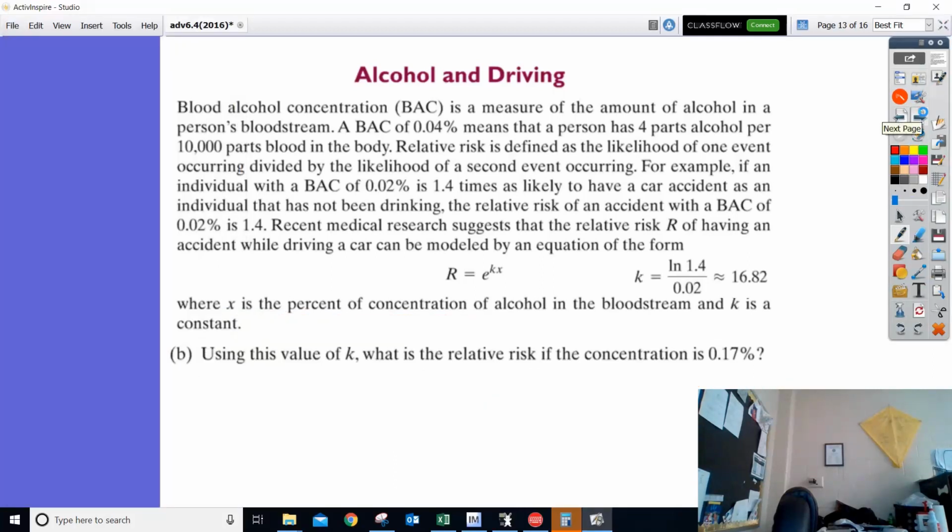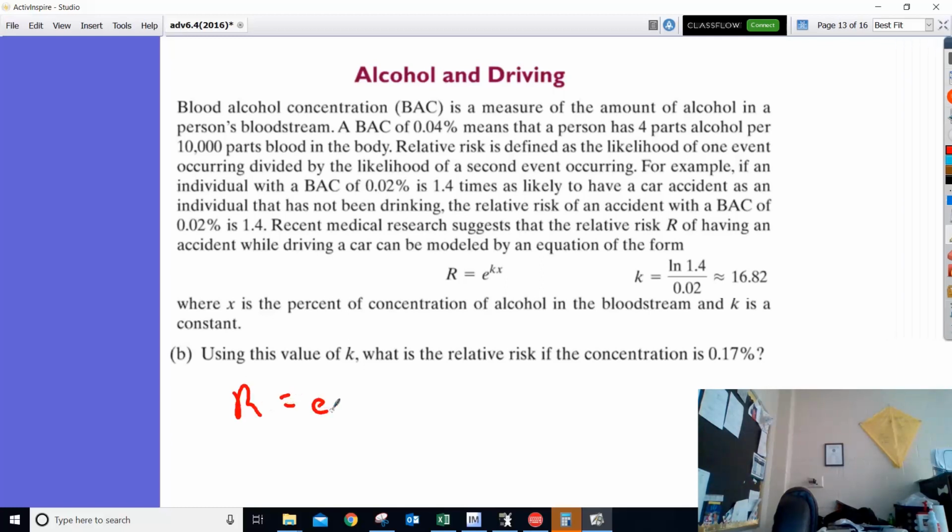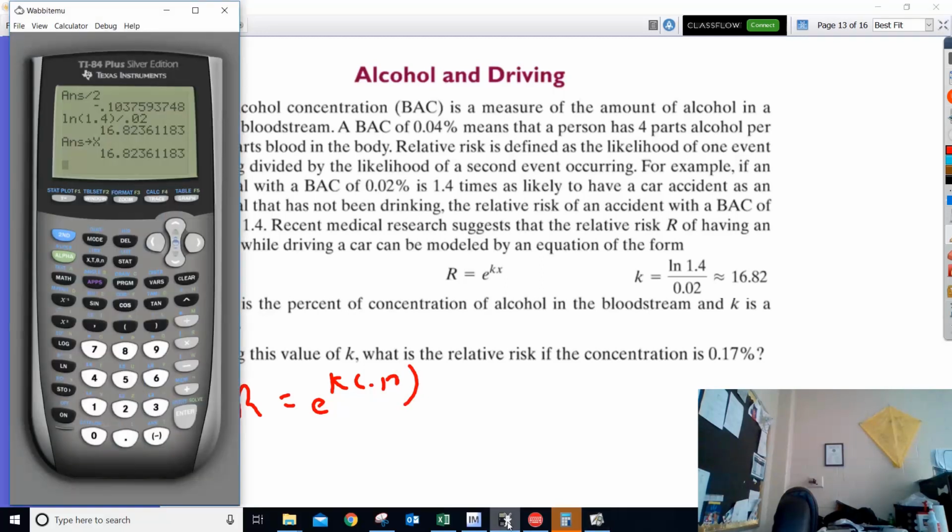Let's see here. Using this value of k, what is the relative risk if the concentration is 0.17%? Pretty drunk. Legal drunk is 0.08. All right, so the risk is e to the k value, whatever it was, I've got a calculator, right? Times 0.17. Well, that's just plugging in numbers.